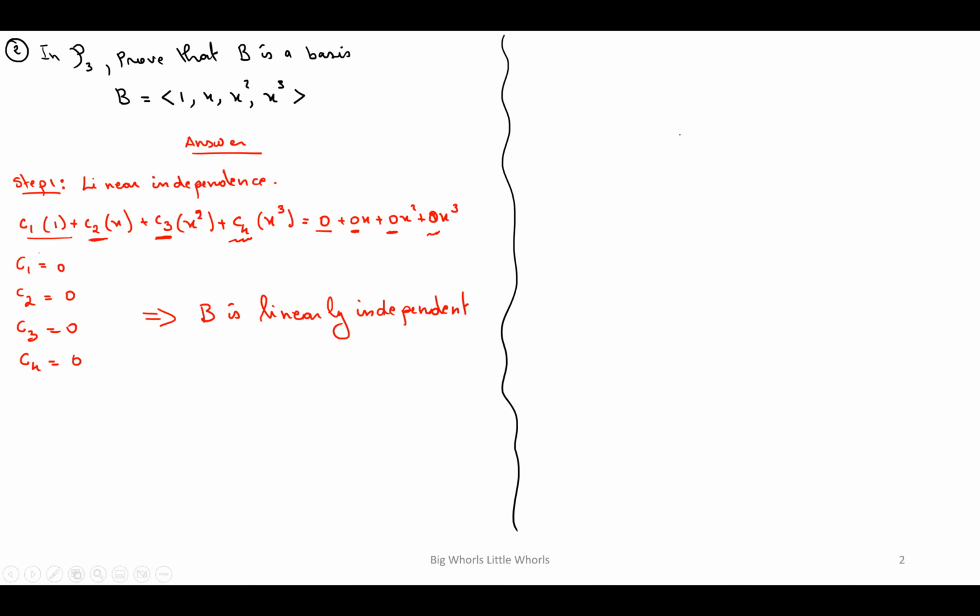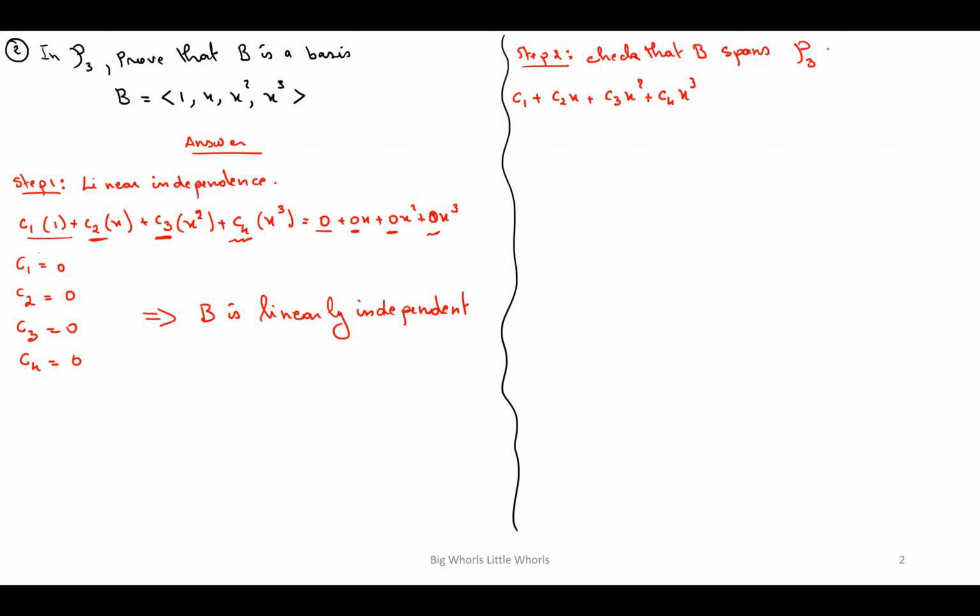Okay, so now let's check the span. Step 2, check that B spans the space P3. Okay, so we want to find C1 plus C2x plus C3x squared plus C4x cubed.